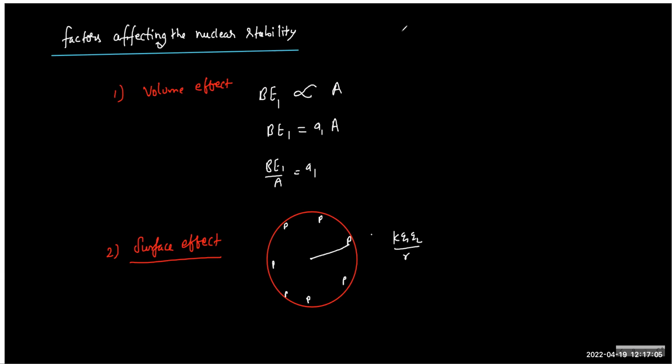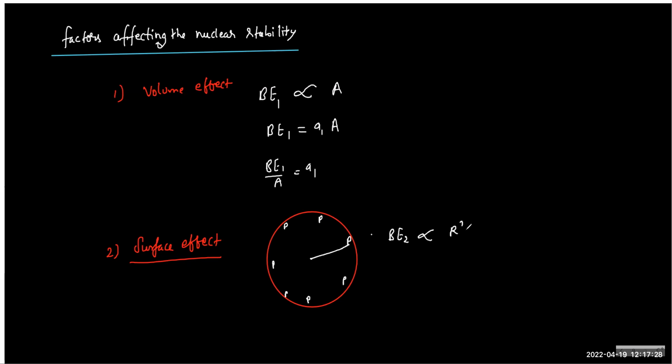So the surface effect will increase the total energy, which is like decreasing the binding energy, because binding energy is how much energy you lost, but this will add some energy, so you're losing less.